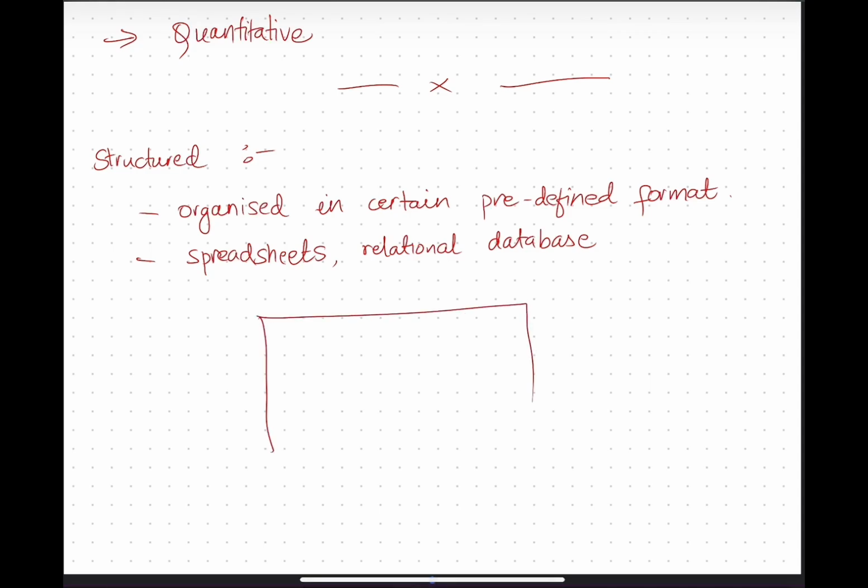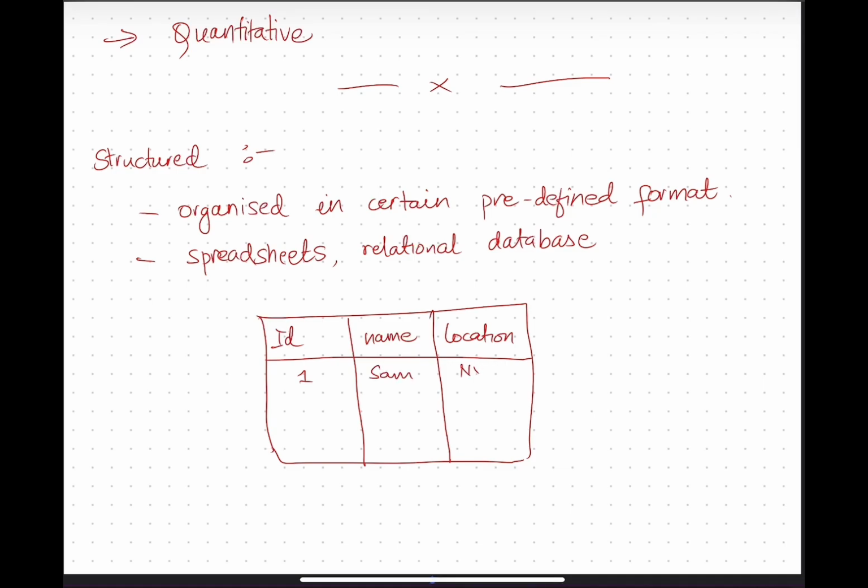Spreadsheets, relational database. So let's consider a table, right? In this table, we have three columns: ID, name, and location. And we have one ID named Sam, whose location is New York, and another ID John, whose location is KTM, Kathmandu.